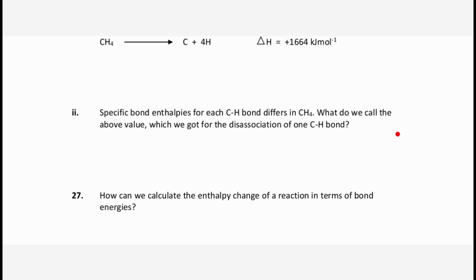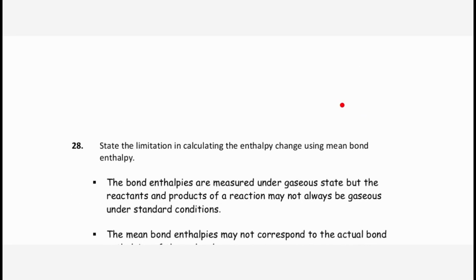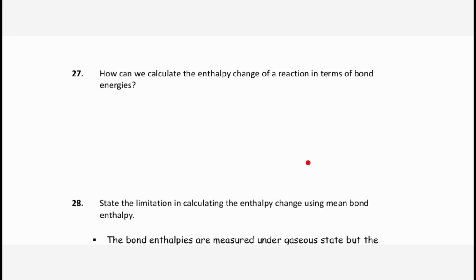So last week we discussed how to find the enthalpy change with the help of the equation Q equals mcΔT, or ΔH equals minus mcΔT. So today I'm going to concentrate on how to find the enthalpy changes using bond enthalpies.